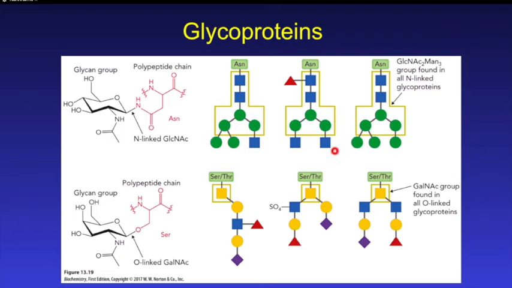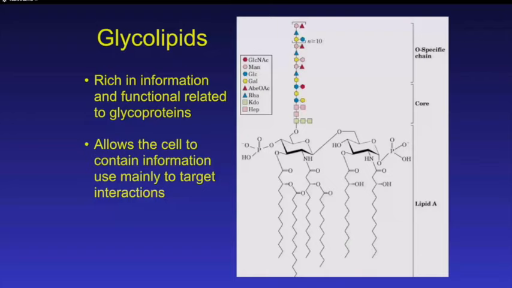And then derivatives are made from that. They can actually take off sugars and then add others, or they can just add, but each one of these represents a different informational state for the cell, which will bind to a specific binding entity. Serine and threonine have a much smaller core, which is a single sugar, and then derivatives can be made off of that. And so all of these are providing information.